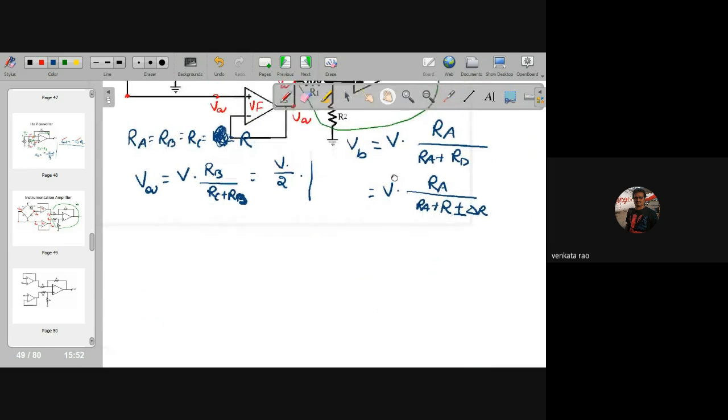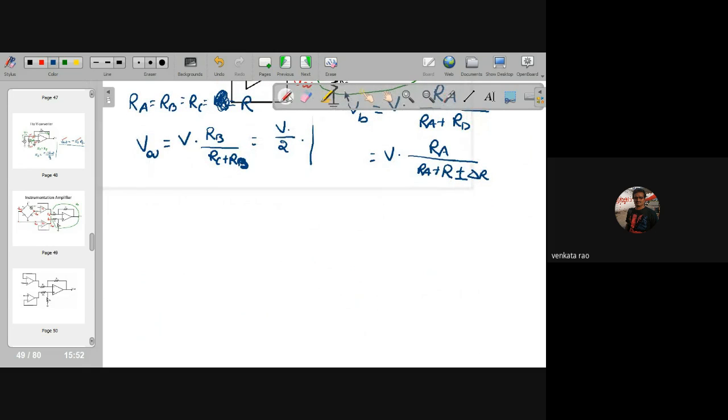Now this is your VB. The final value of VB is V into R by R plus R plus R minus delta R. Now R gets cancelled, so it is V by 2 plus R minus delta R by R. That is VB.